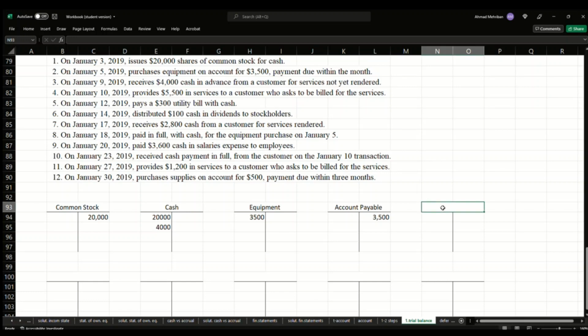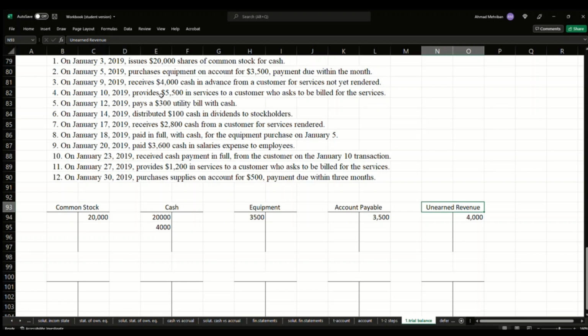Not yet rendered is the unearned revenue account. This is our liability. All revenue is always on the credit side, but we have to recognize that we haven't earned this revenue, so it has to be recorded on the credit side, 4,000, but as unearned revenue. If you earn it, it's a revenue account. If you haven't, then it's unearned.